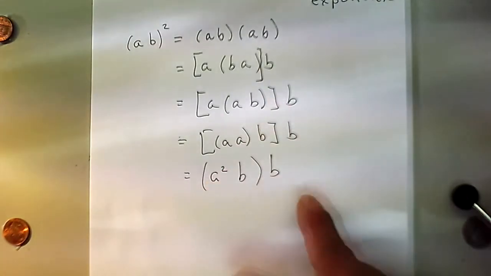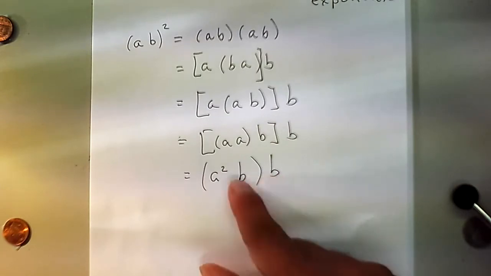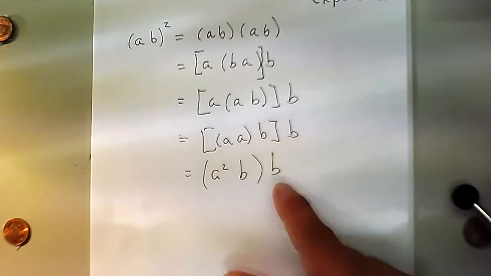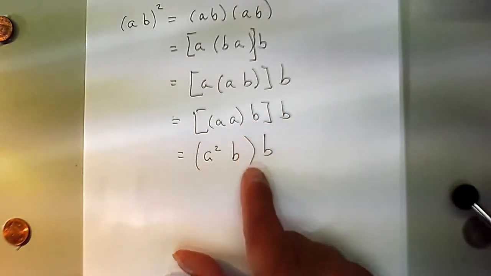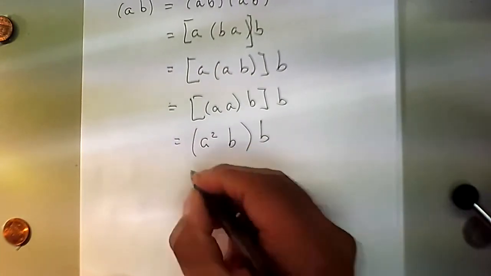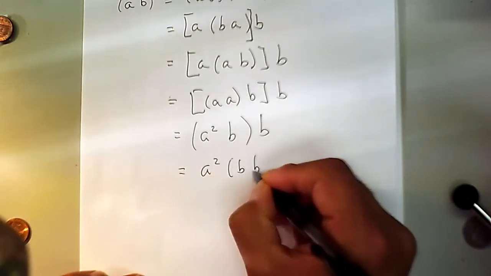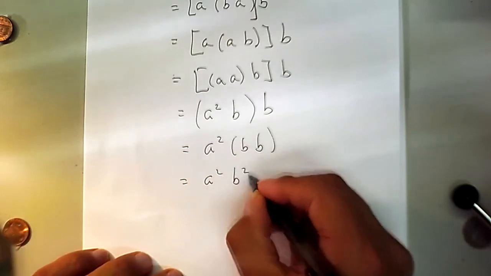Either one is a grouping symbol, and you can switch back and forth. Here this is simpler, so I'm just choosing parentheses instead. I don't mean to confuse you with that. Then we reassociate again, B, B, and then have A squared, and finally B squared.